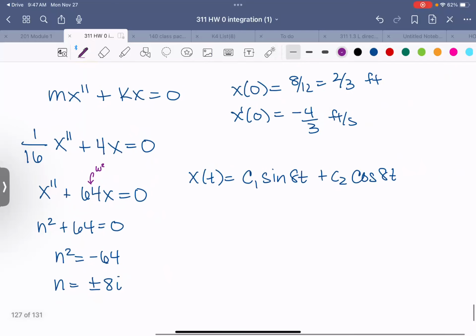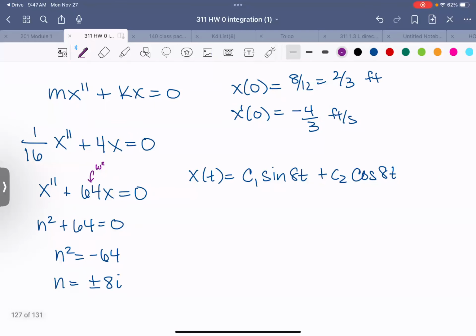All right, so from here, we're going to find our C1 and our C2. In order to do that, you're going to use those two conditions. So we know that when we plug in 0, you've got to get 2/3. So 2/3 is equal to C1 sine of 0 plus C2 cosine of 0.